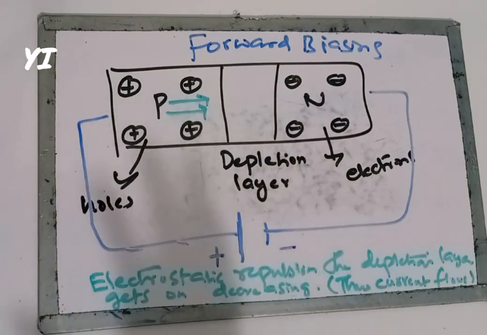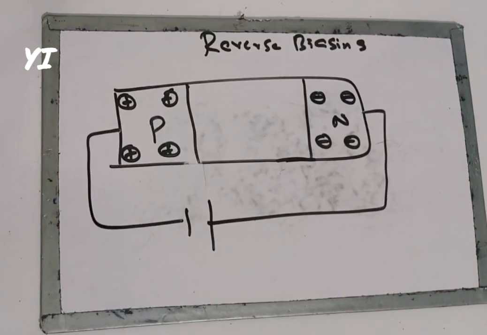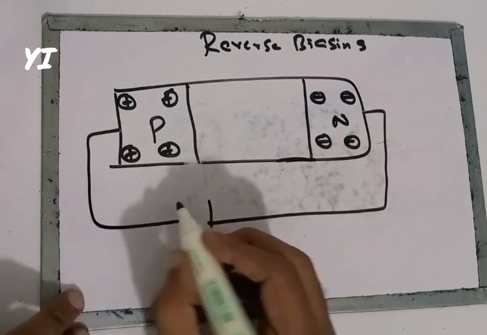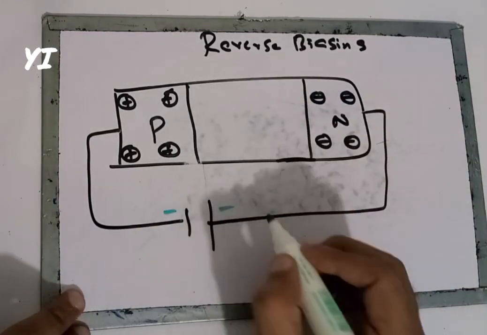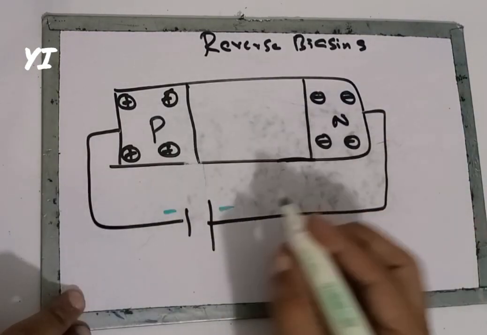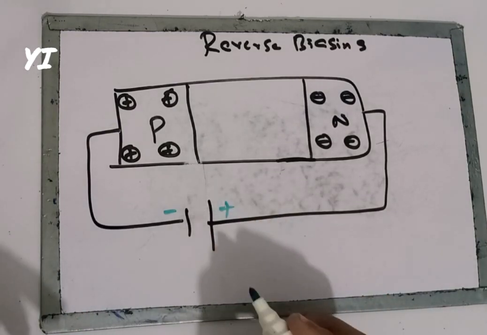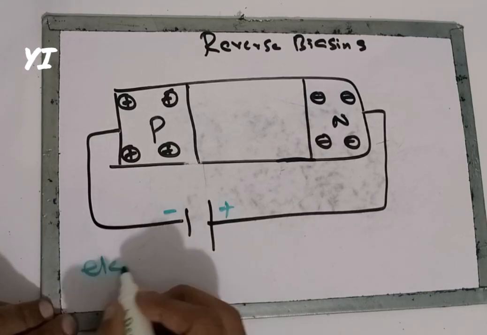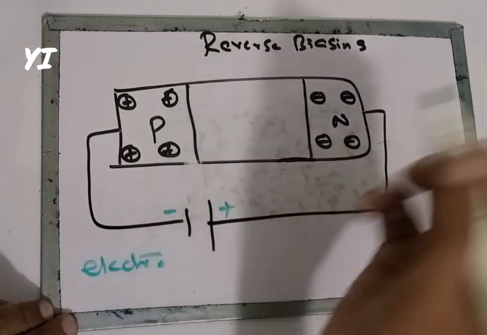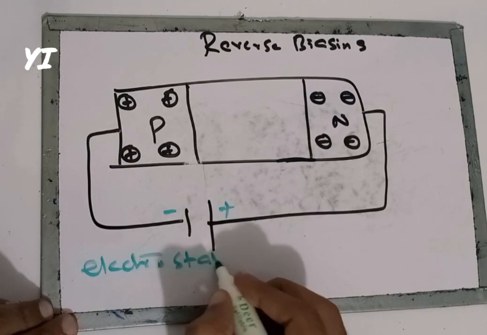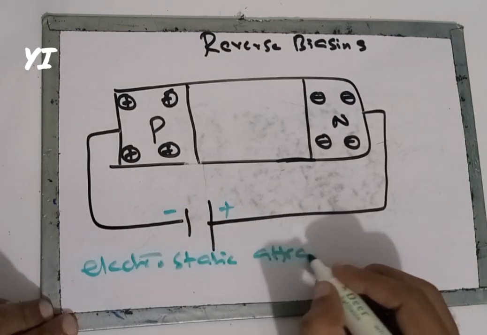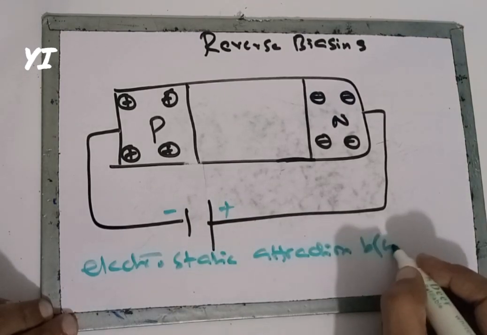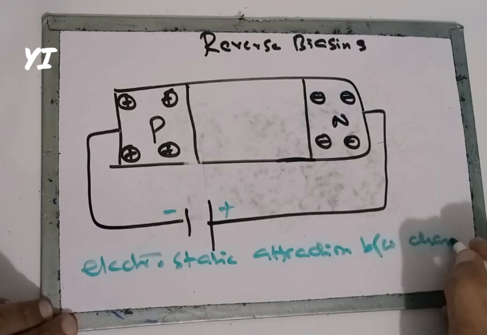Now let us connect this circuit as the reverse biasing. So as discussed earlier, in reverse biasing, the p-type terminal is connected with the negative terminal, and n-type material is connected with the positive terminal. So what will happen, that there will be electrostatic attraction in between them. So now in this reverse biasing there is electrostatic attraction between charges.